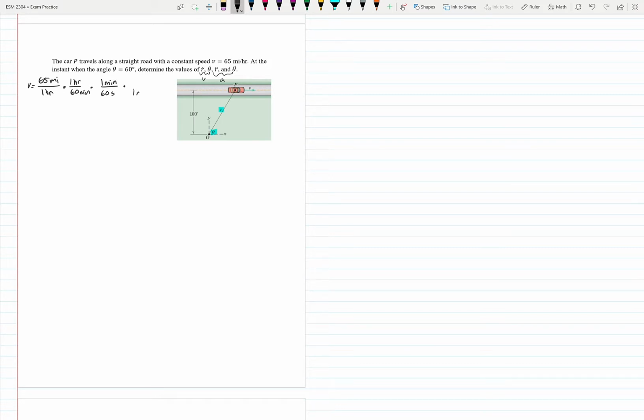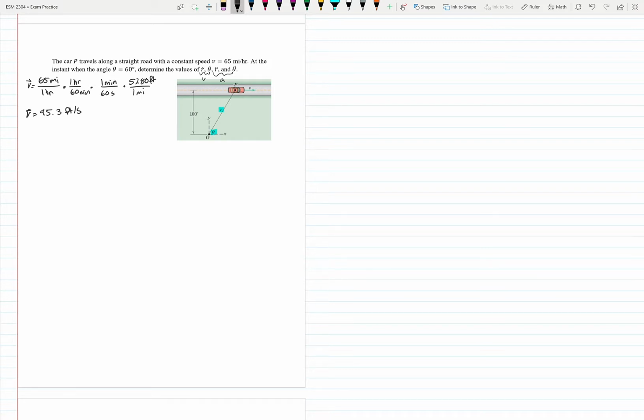Finally, we know that 1 mile is equal to 5,280 feet. So working all of this out, we end up getting our velocity is equal to 95.3 feet per second. And that's all we're really given because we're going to be working in degrees.